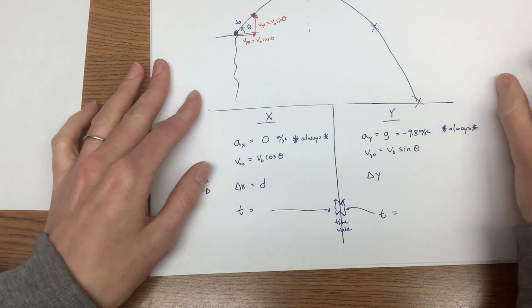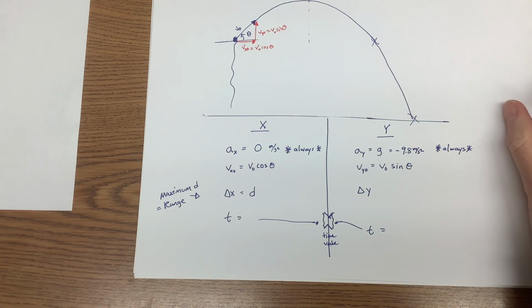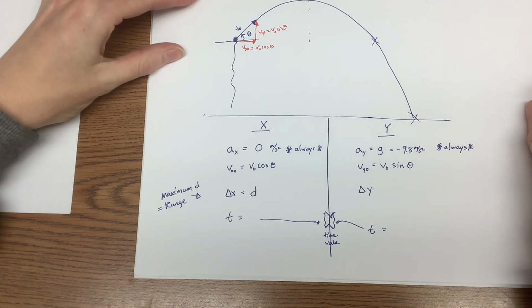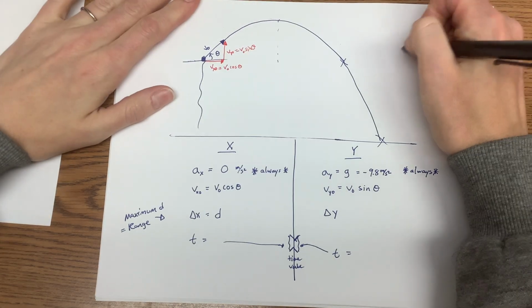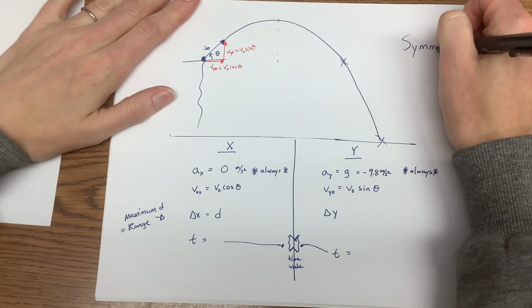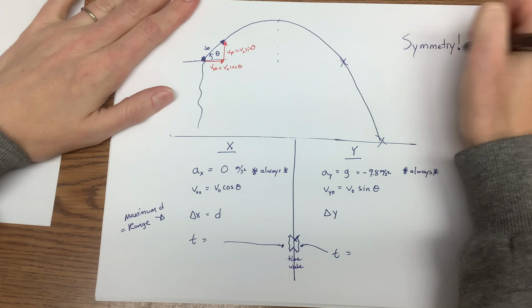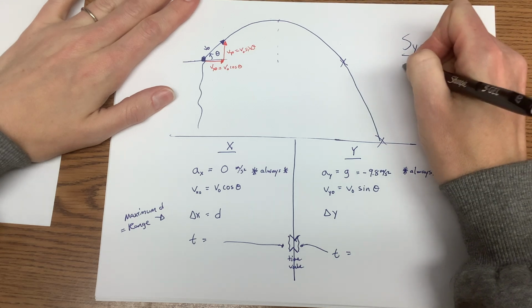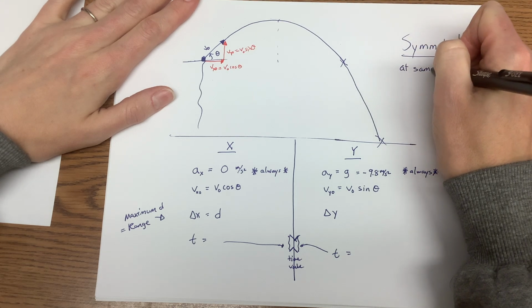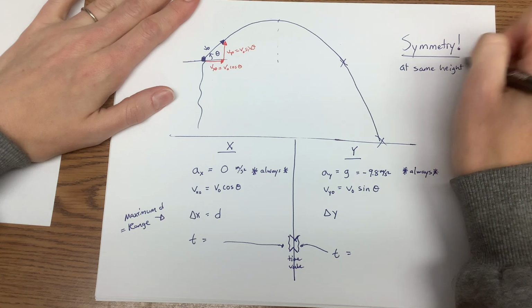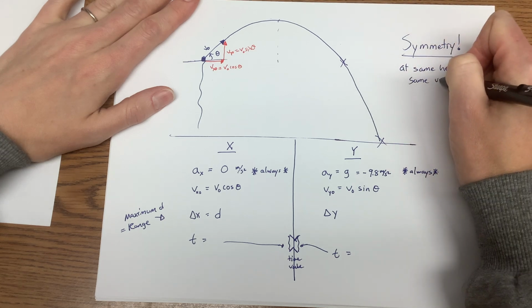And then just like in the vertical projectiles, there's some symmetry going on in here as well. So I'm going to note that over here. There's some symmetry going on as well. So at the same height, it's going to have the same vertical speed.